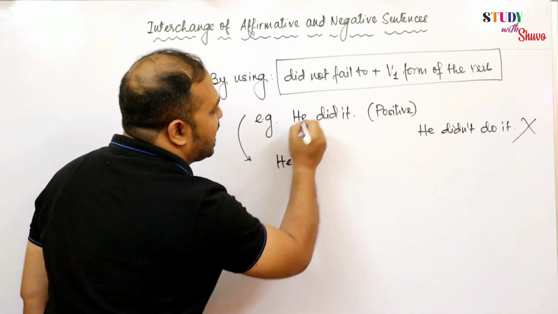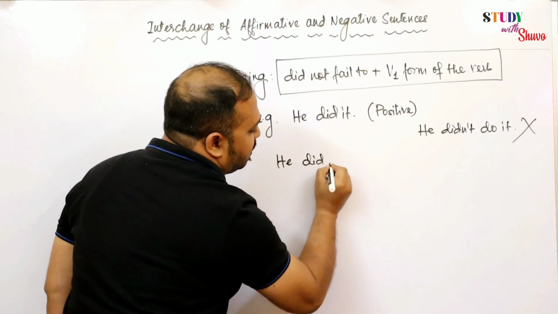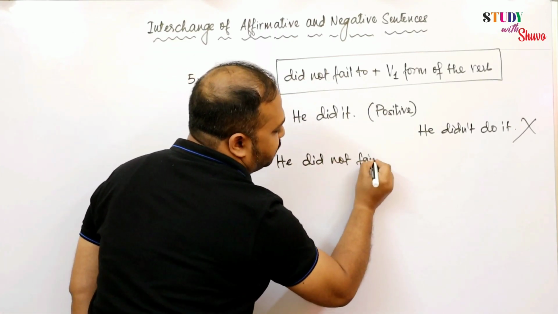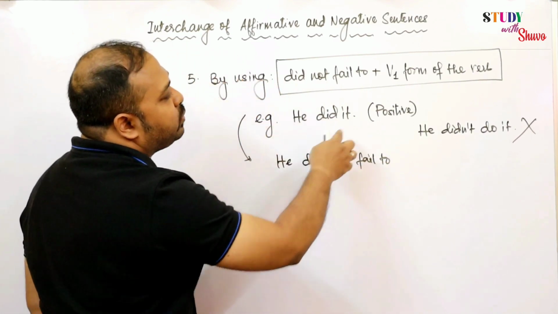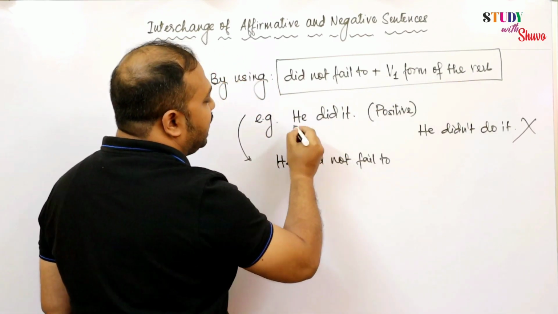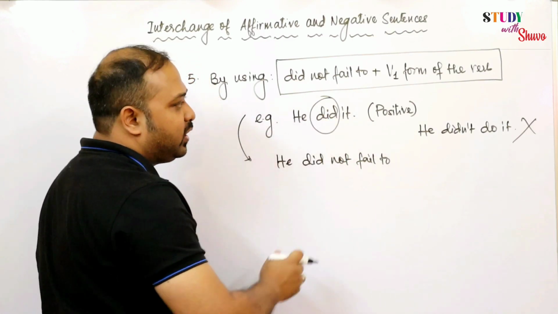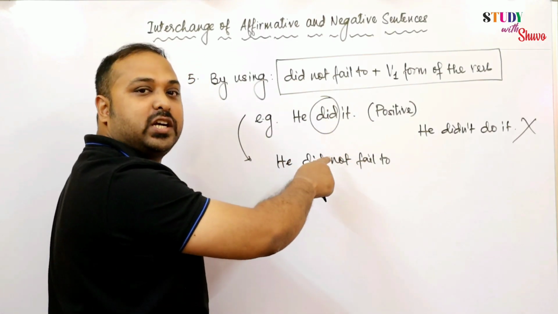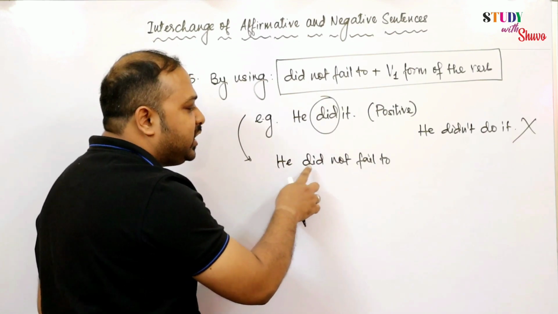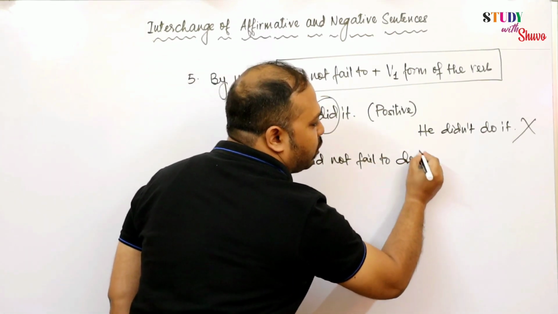So after writing the subject, we will write, did not fail to. And we will use the V1 form of the verb. In the first sentence, the verb that was used was did. So the V1 form of the verb did will be do. So we will write he did not fail to do it.